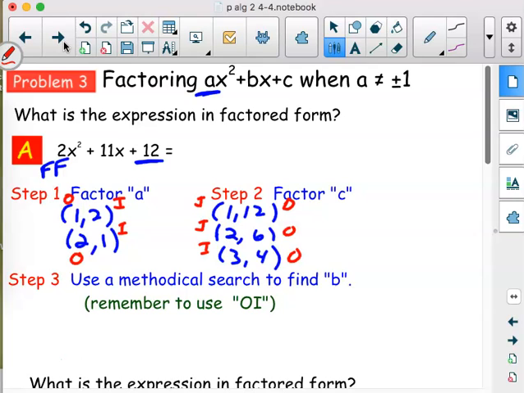So up here, I would have 1 times 12 is 12. 2 times 1 is 2. 12 plus 2 is 14. That's not right. So let me try 1 and 2 and 2 and 6. 1 times 6 is 6. 2 times 2 is 4. 6 plus 4 is 10. Oh, closer, but not quite 11.